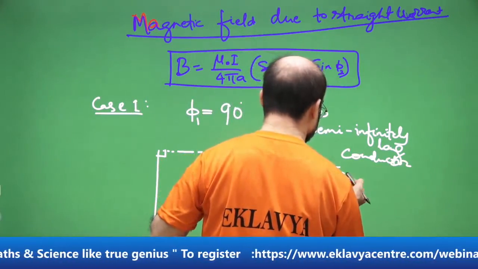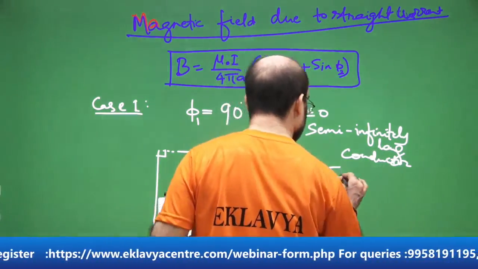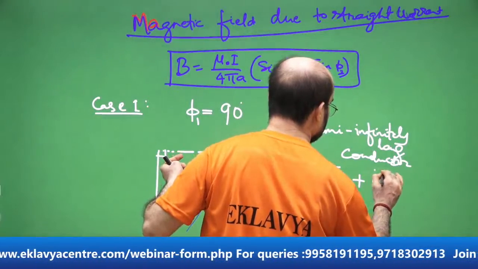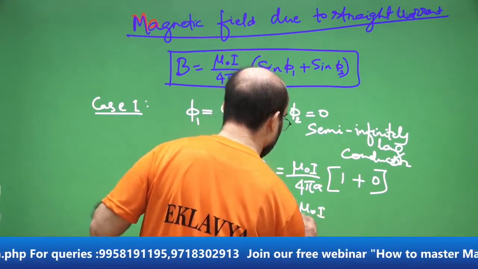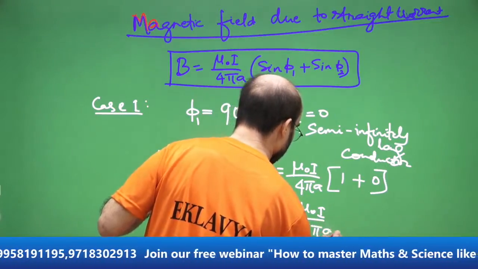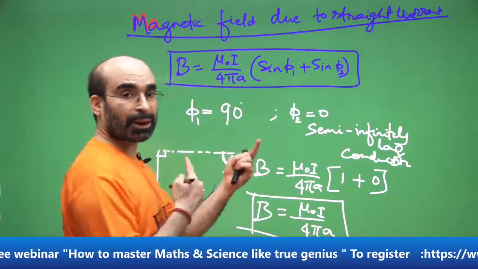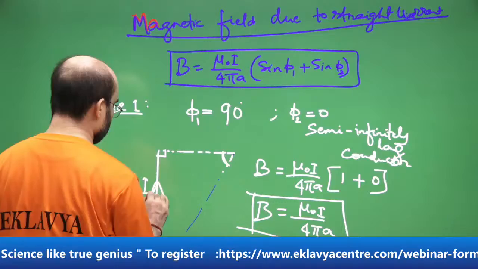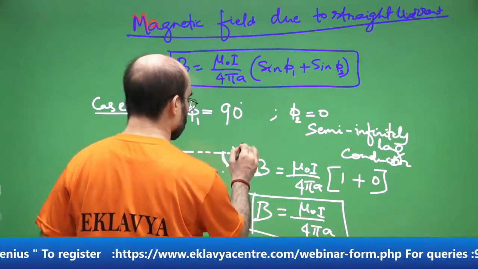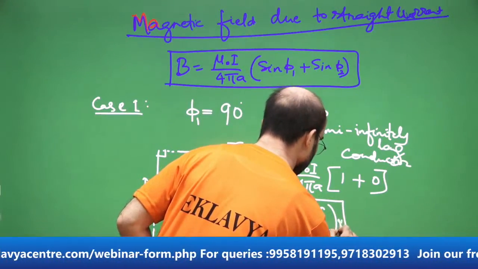So sine 90 is 1, plus sine 0 is 0. So the final result is going to be mu naught I by 4 pi A. This we have done. Now again, the direction here would be into the page. That is clear. That is not going to change.